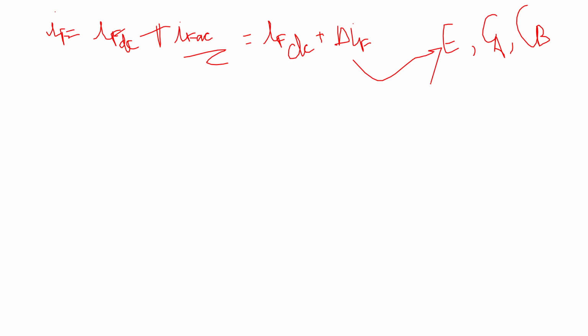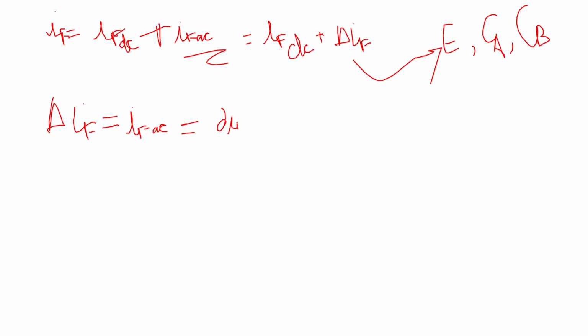So now, how can I express this IF? I can say IFAC, which is nothing but del IF. I've just represented it in another form. I'm differentiating it with respect to all three variables. So how will I do it?